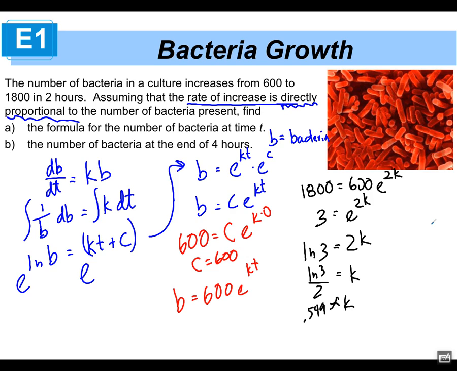How do I solve that problem? Store it somewhere on your calculator, into K or into X. Usually I would just use the X button and store it into X. But for demonstration purposes, I now know that my equation is B equals 600 times e to the 0.549t.